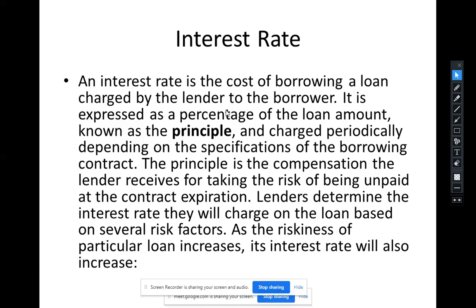Lenders determine the interest rate they will charge on the loan based on several risk factors. As the riskiness of the particular loan increases, its interest rate will also increase.